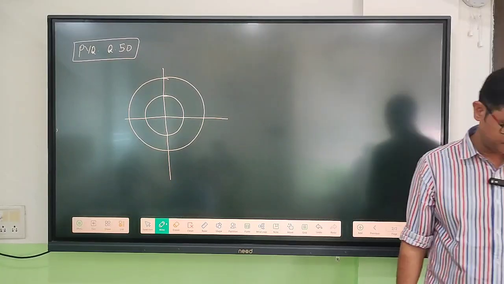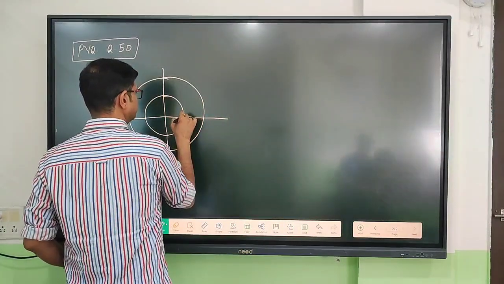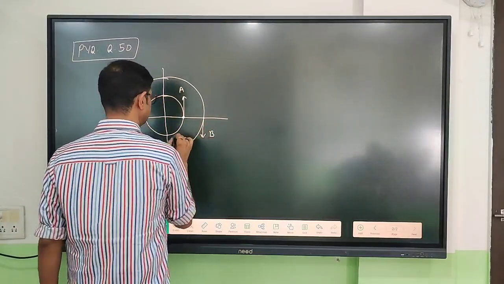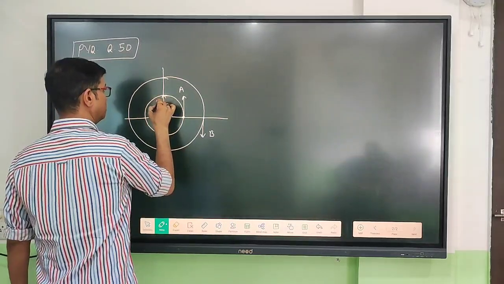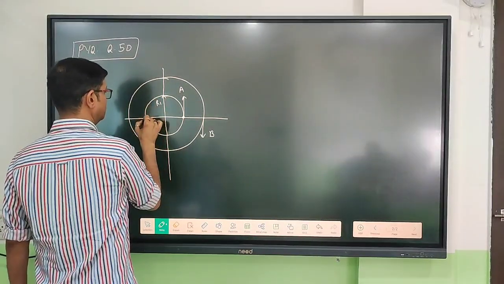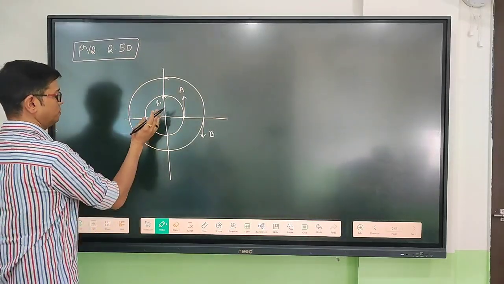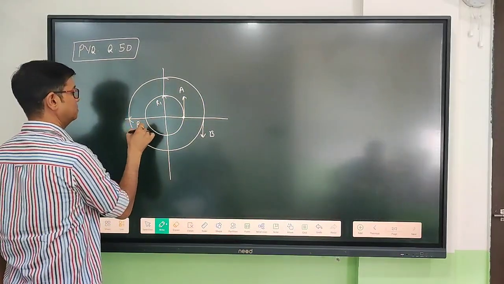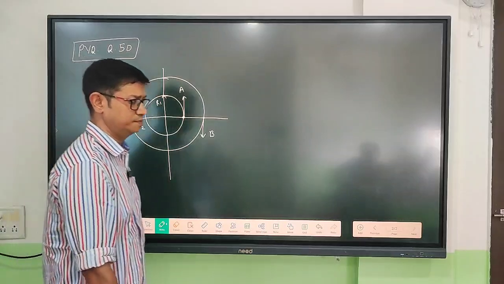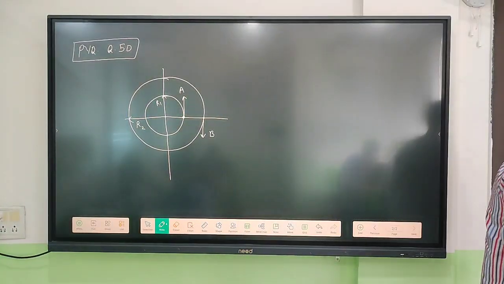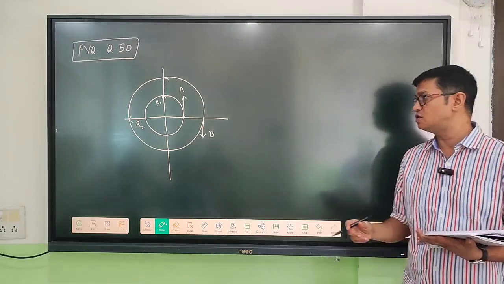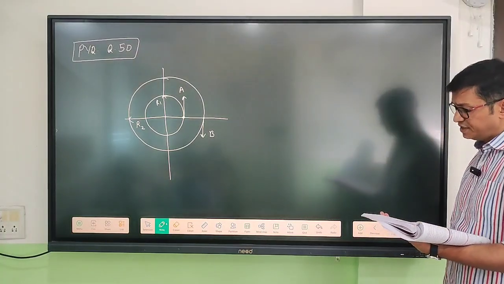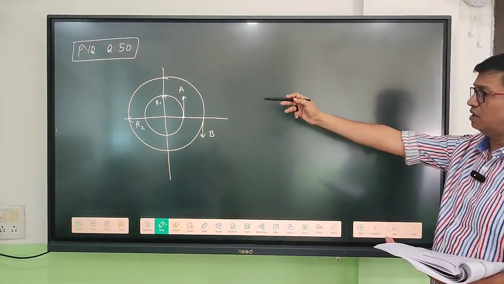R1, R2, A, B. This is A. This is R1. It says 2 particles A and B moving on 2 concentric circles of radii R1 and R2. R1 is the shorter one, R2 is the bigger one.